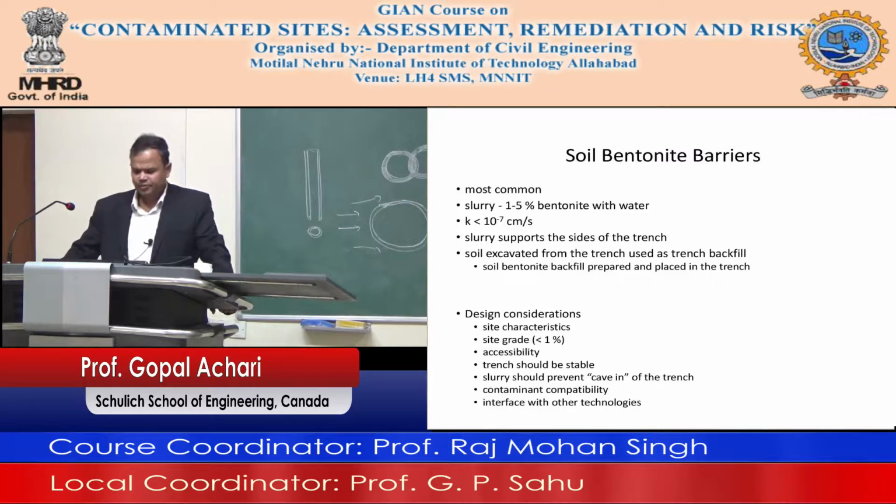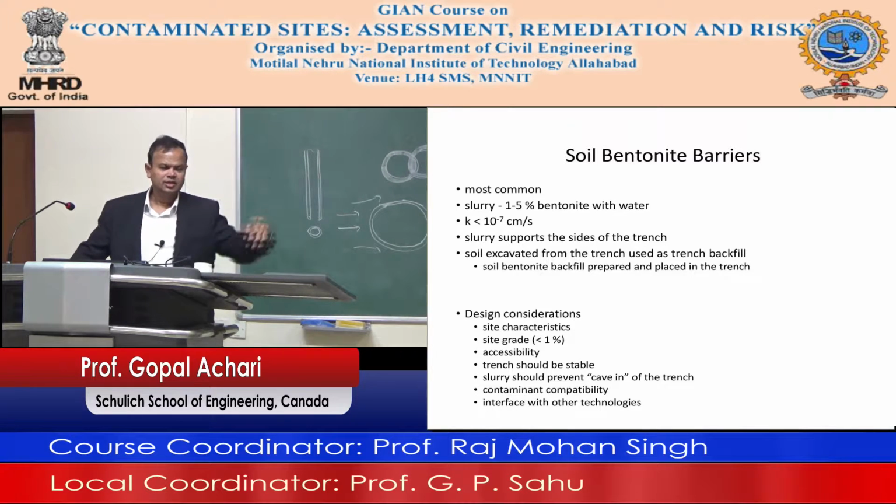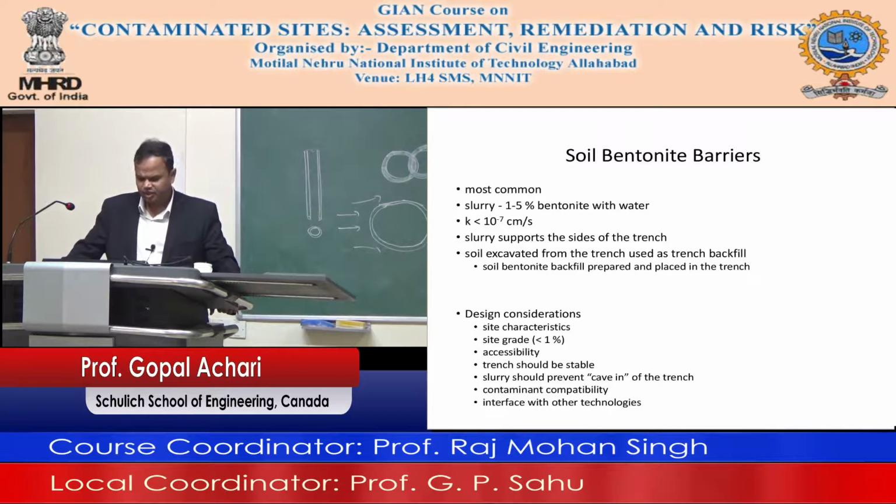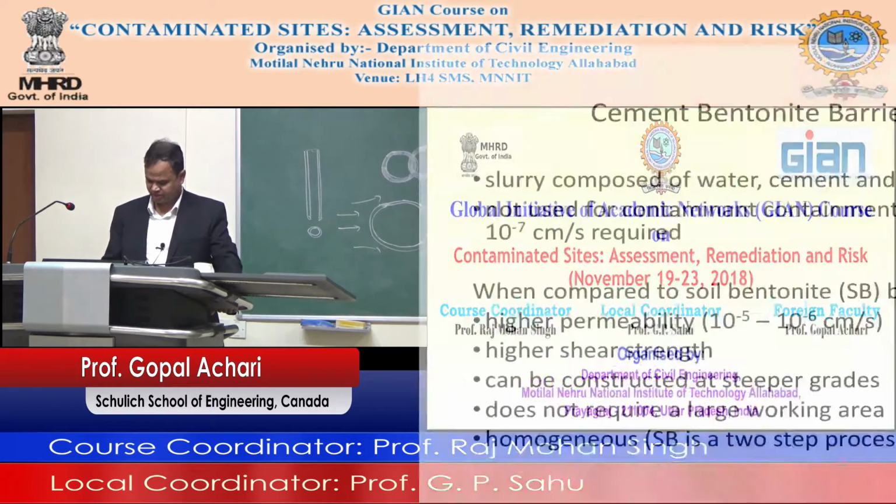When compared with soil bentonite, it has a higher permeability and a higher shear strength. So for example, if you have a grade or any need for shear strength, this is something to look at. It can be constructed at steeper slopes. It does not require a large working area because it's not that wide and it's homogeneous.